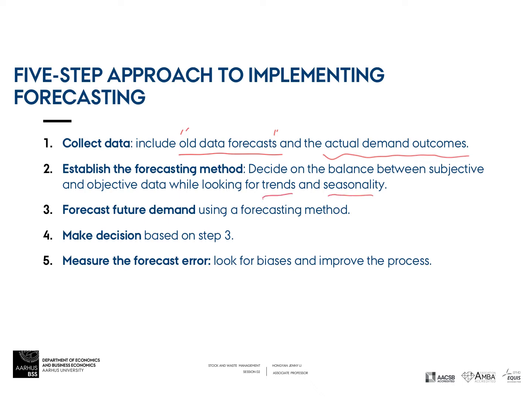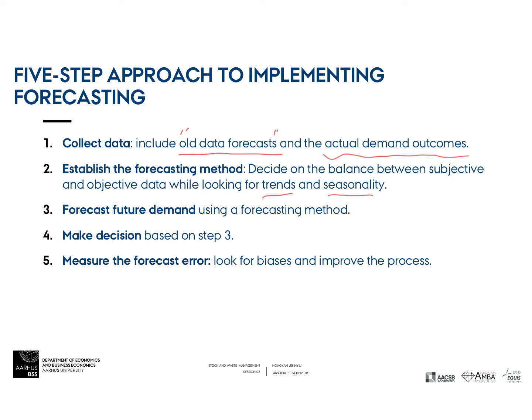All the other factors like advertisement or promotions are not part of the market uncertainty; they are controllable factors. Third, forecast the future demand using a forecast method. That's actually the implementation of your forecasting model or method.